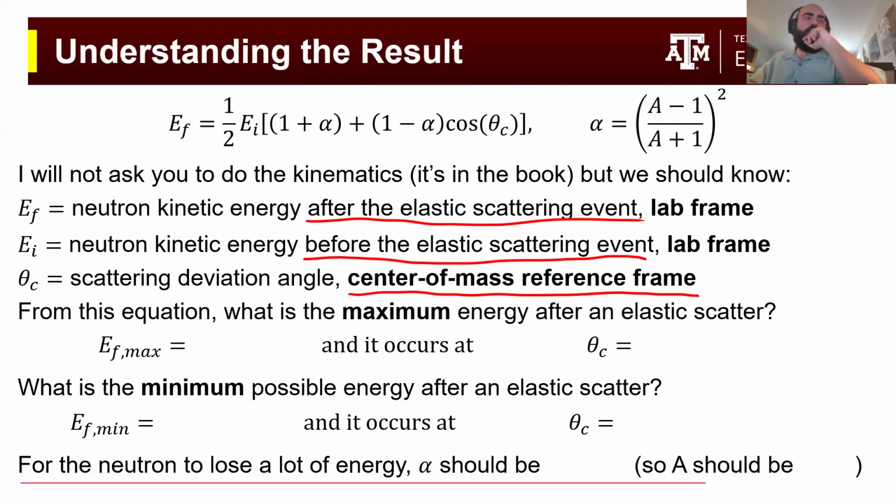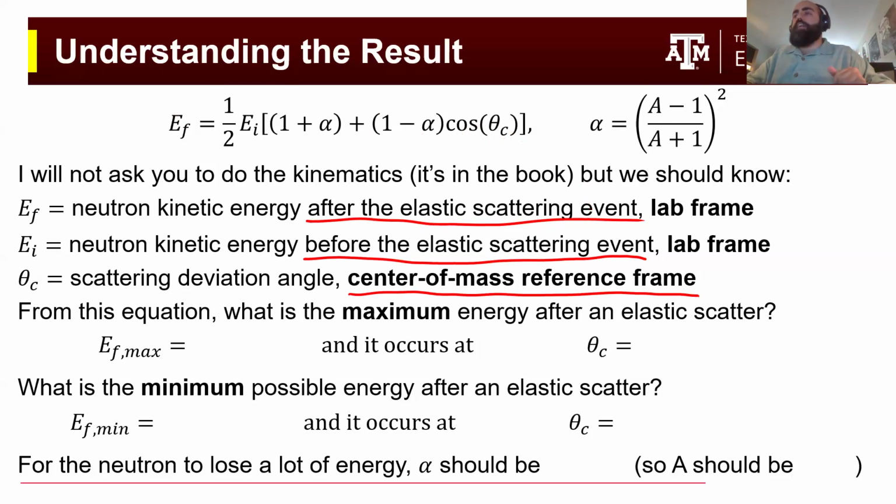If we take this equation, we can figure out the maximum energy that a neutron could have, and the corresponding angle that would go along with that maximum energy. If the final energy depends on the angle, then the scattering angle is going to dictate what our final energy becomes.